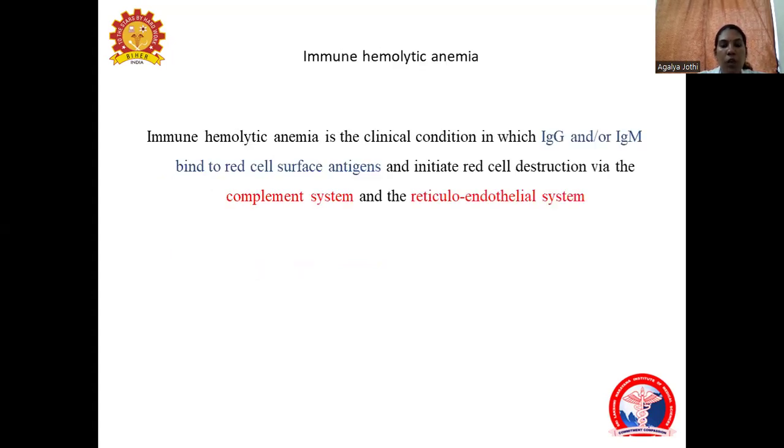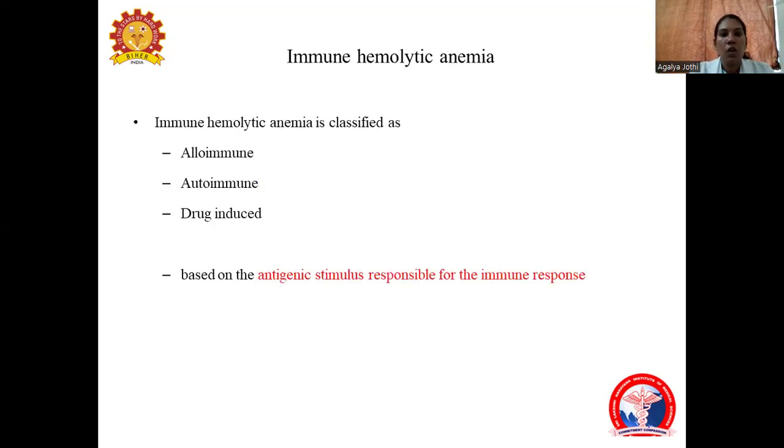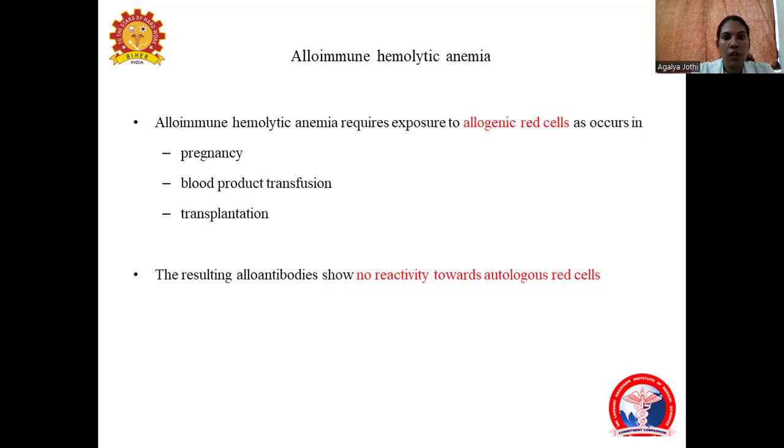By definition, immune hemolytic anemia is a clinical condition in which antibodies bind to red cell surface antigens and initiate red cell destruction via the complement system. Immune hemolytic anemia is classified as alloimmune, autoimmune, and drug-induced, mainly based on the antigenic stimulus responsible for the response.